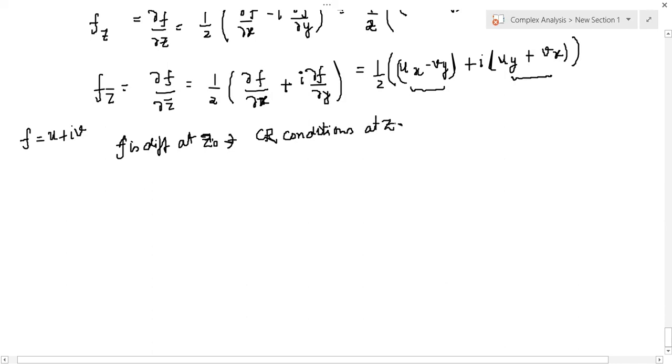And if Cauchy Riemann conditions hold at z naught, it implies what? It implies that del f upon del z bar at z equal to z naught must be equal to 0.